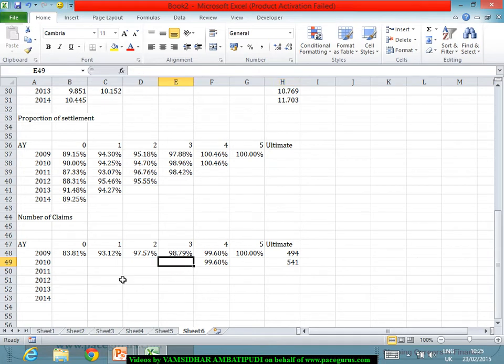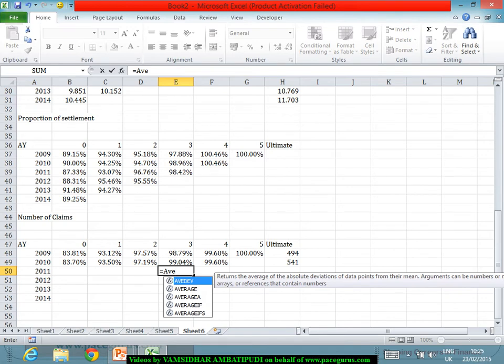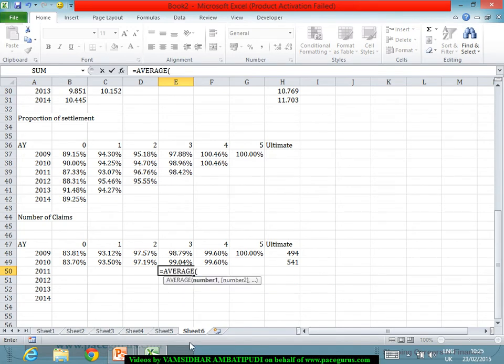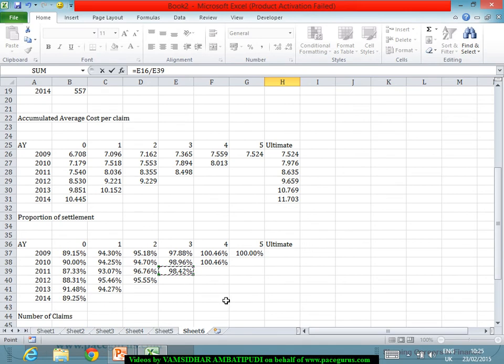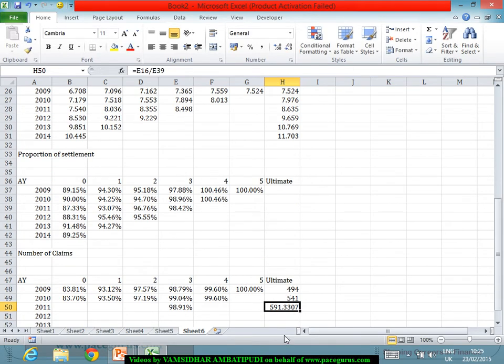Based on this, I can compute my numbers for the next periods, 83.7, and overall I can take the percentages for each of the periods again. Now this is again leading me to the same. I'll take the average of these two as the grossing up factor for the computation of the ultimate for 2011, ending up with the ultimate for 2011 as around 591.